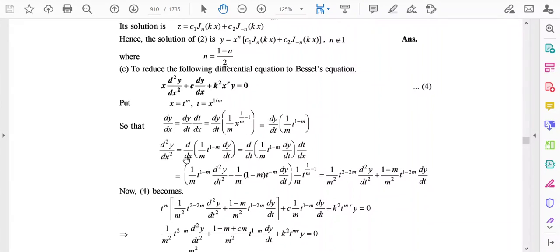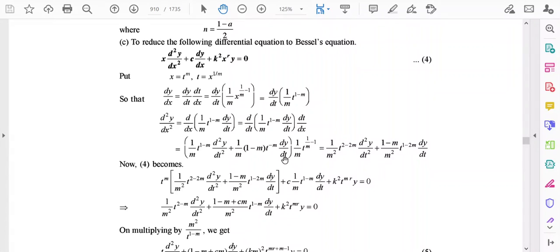Now we will calculate d square y by dx square. So that will be d by dx of dy by dx. So this is the value of dy by dx. Now d by dx of this is d by dt of this into dt by dx, because you see here there is dt, those will be cancelled out. So ultimately we can find d square y by dx square by this expression. Now again we have to differentiate with t.